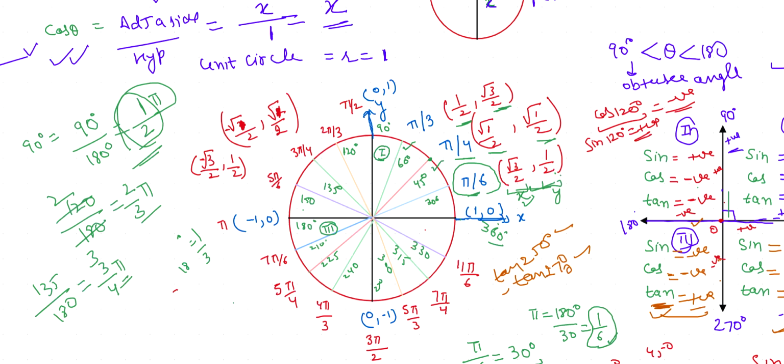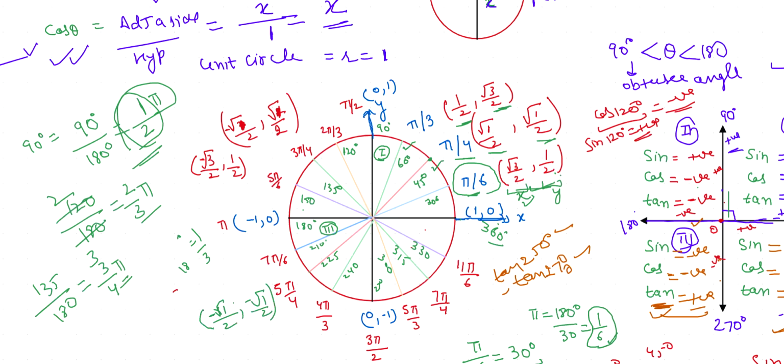In first quadrant, both the values are positive. For this, the values will be negative for both sine and cos. Minus 1 by root 2. Okay.